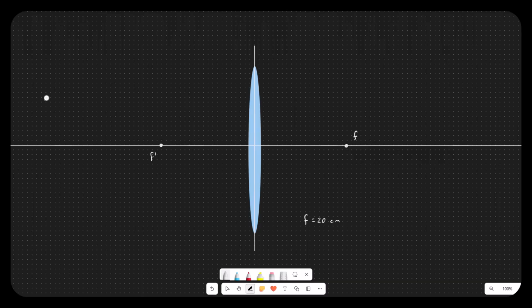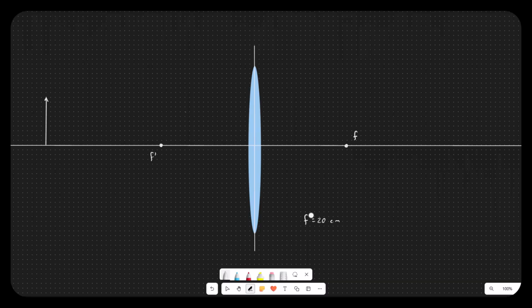What I was saying about an arrow being convenient, any point that's on my optical axis is going to stay on my optical axis. So when I trace out where this point ends up, if it ends up here, that stays on my optical axis, and all I have to do is trace out one location, which makes my life really easy.